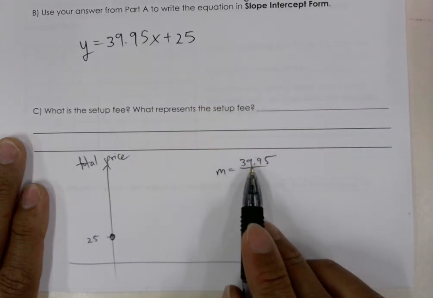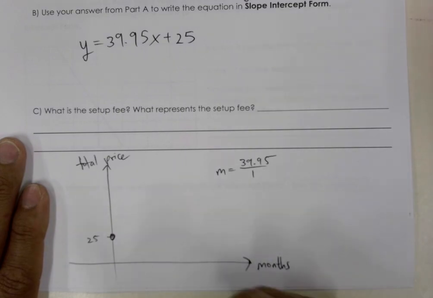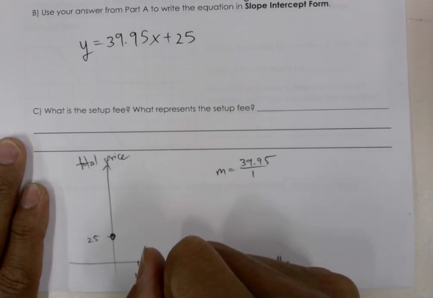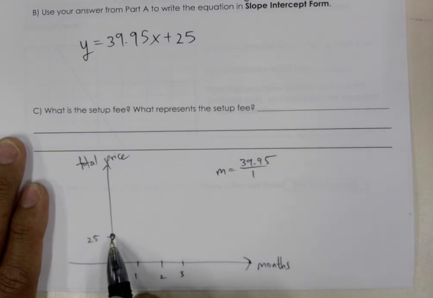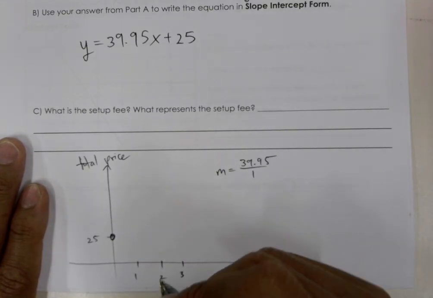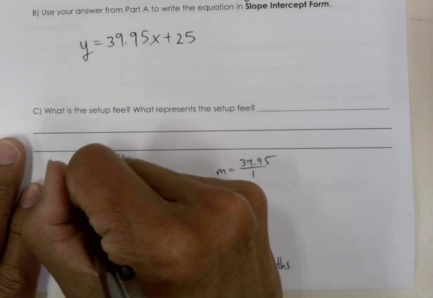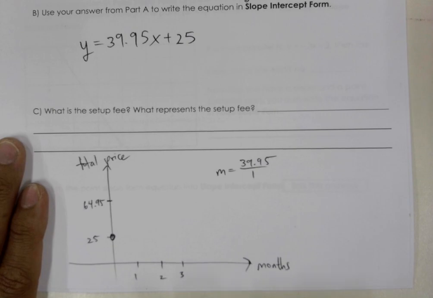So our rise is 39.95 and our run is 1. Okay, so let's go ahead and put a couple of months in here. 1, 2, 3 months. So starting at $25, if we rise 39.95, that will take us to 64.95 as our next data point.